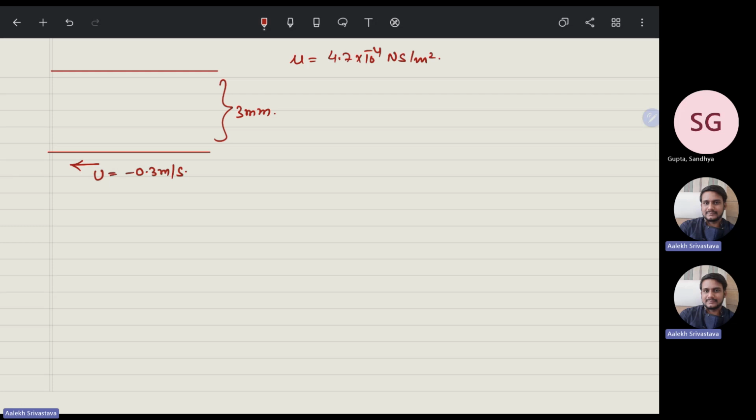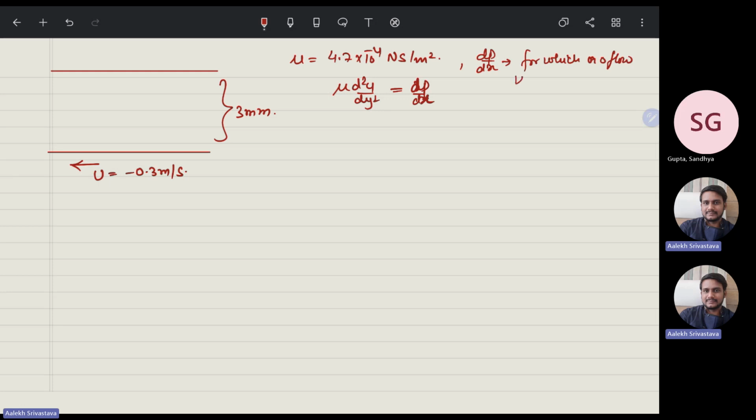Now the second part is, as you know, this can be solved as mu del 2 u by del y square is equal to dp by dx. The basic thing that you need to think is what is the pressure gradient for which no flow is occurring.